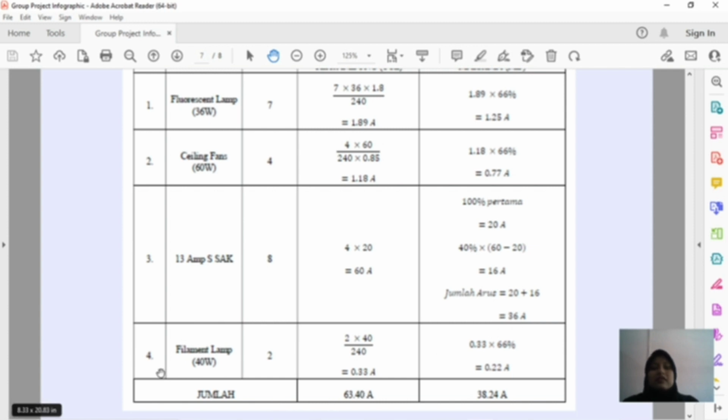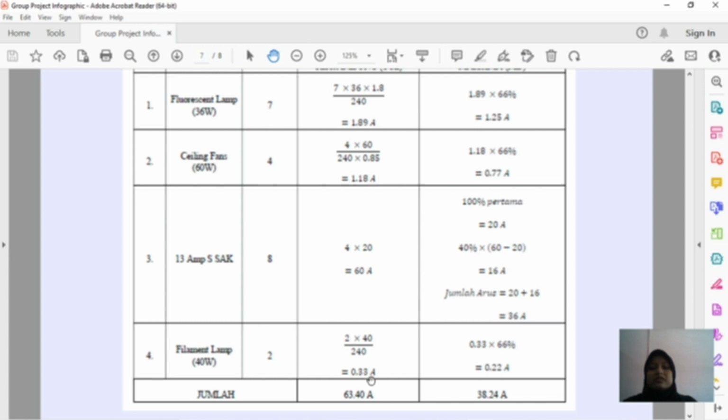Lastly, the electric component we use in the house is the 40 watt filament lamp. We use 2 units, so to calculate the TCL it is 2 times 40 divided by 240.